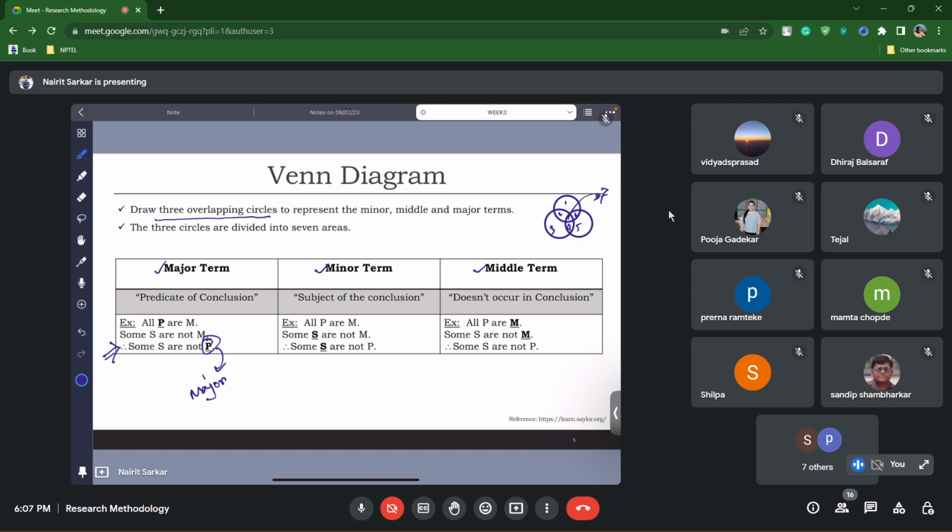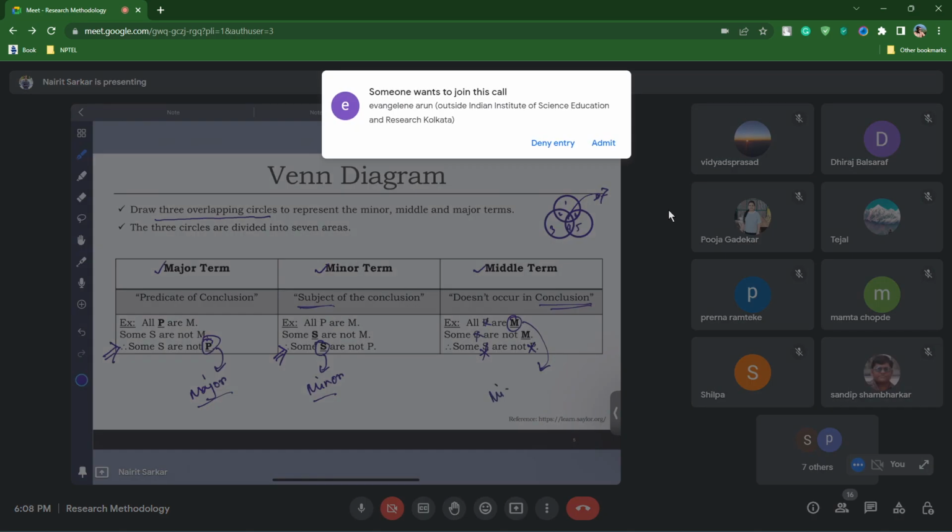Minor is the subject of the conclusion, S here. Anything except major or minor, which does not occur in the conclusion, is the middle term. So if we cross out S and P, the M here is the middle term.